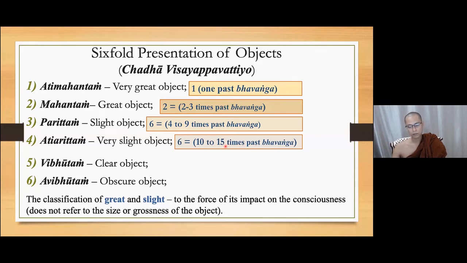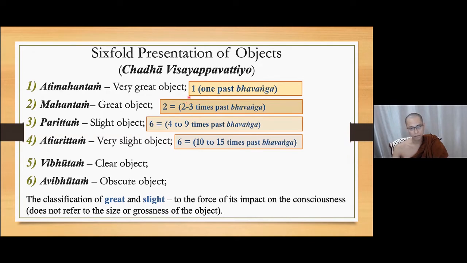If it arises more than 15 times, then no cognition mind arises, just the Bhavanga shakes and then goes through. So in this way, now we see that taking the very great object, 1 process; taking the great object, 2 processes; taking the slight object, 6 processes; and taking the very slight object, 6 processes arise.